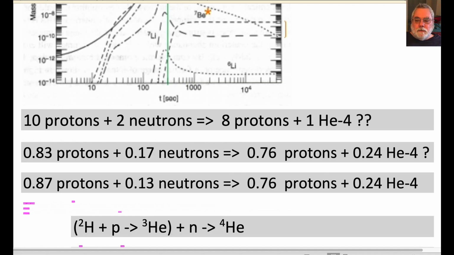At these temperatures, a deuterium nucleus can fuse with a proton to produce a helium-3 nucleus, here, which can then fuse with a neutron to produce a helium-4 nucleus.